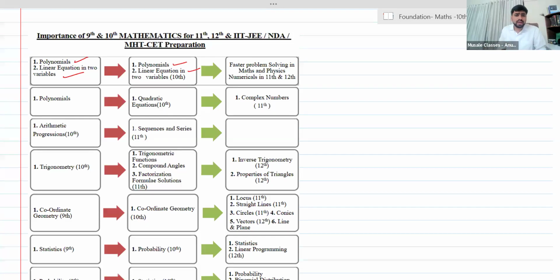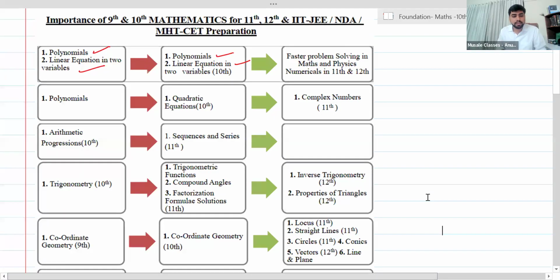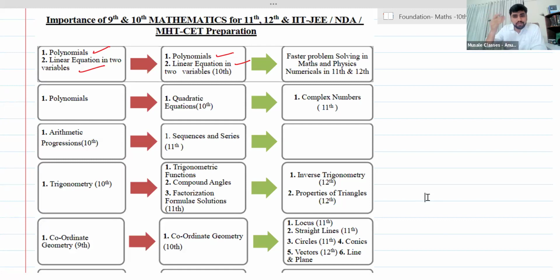All right. Moving ahead, based on polynomials itself. In 10th standard, we have a separate chapter called quadratic equations, because in 9th standard we studied what polynomials are and the classification of polynomials. What is a linear polynomial? What is a quadratic polynomial?